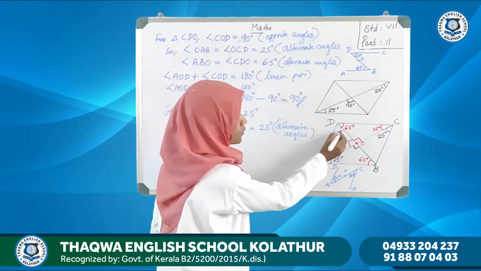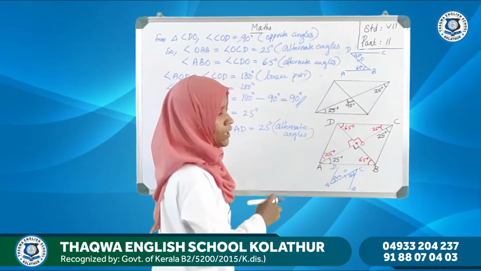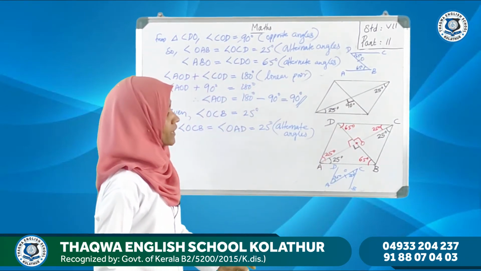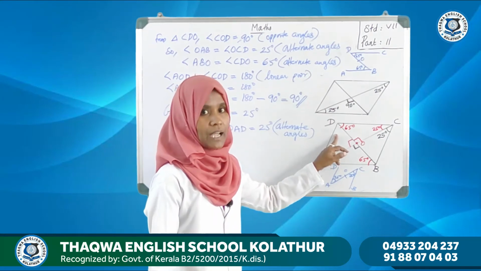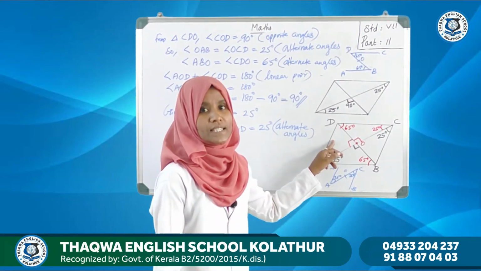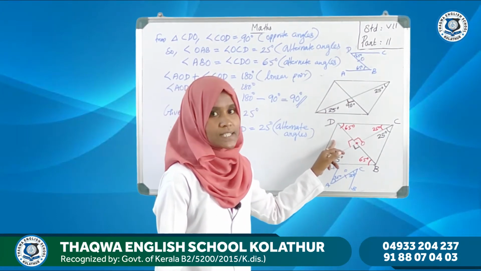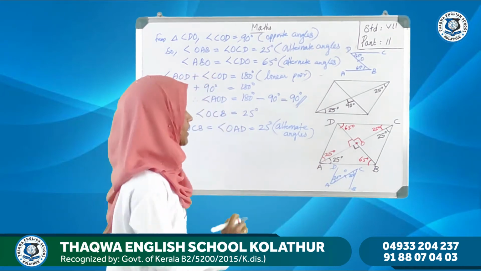Next we have to find out angle ADO or ODA. How? We can use the angle sum. The sum of the angles of a triangle is 180 degrees.